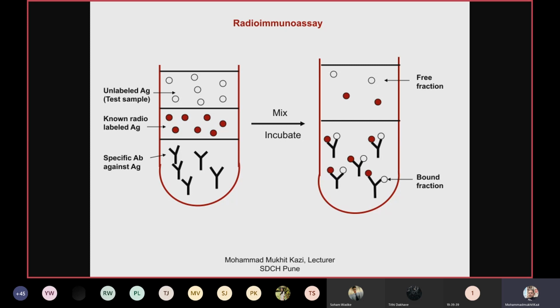We mix them, and those which are coated will bind to the antibodies, and those which are not remain outside. The radioactive element will be released, and that will be quantified. On the basis of that, you can say it is positive or negative.